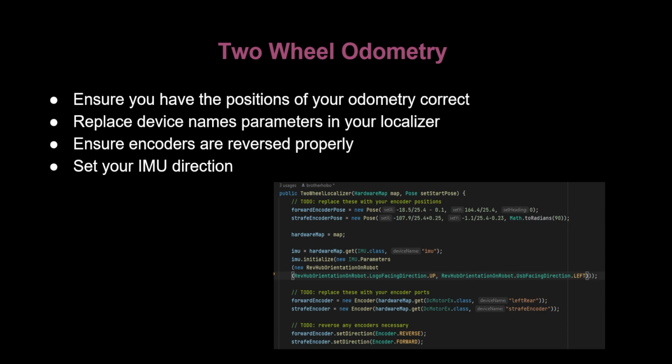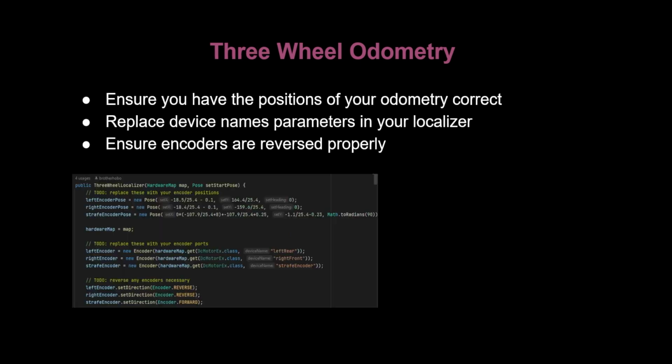You can still set it in inches if you'd like, and it's very similar to how Roadrunner has their coordinates for odometry, where you do have your positive and negative plane. And for your IMU, make sure you have your logo facing direction and your USB facing direction set correctly, or else you will get inaccurate localization.